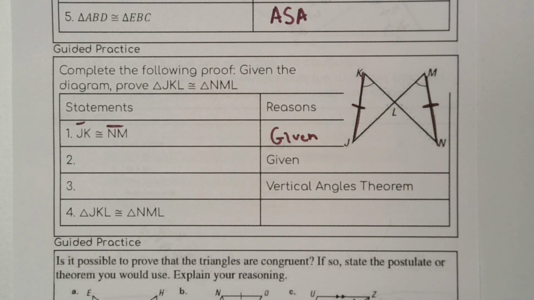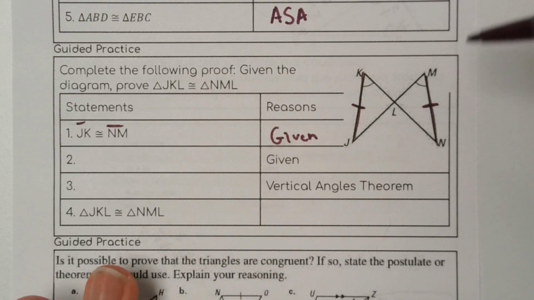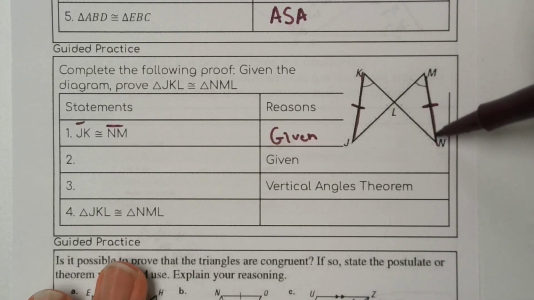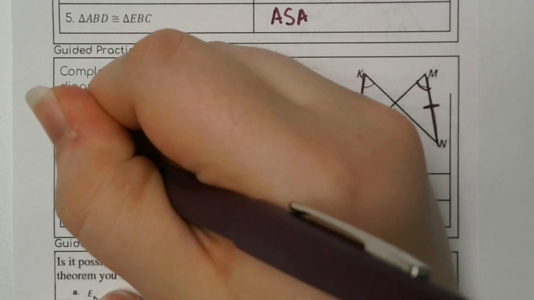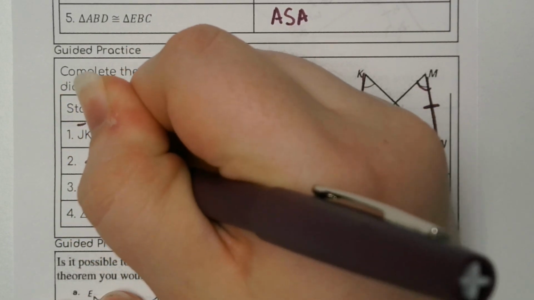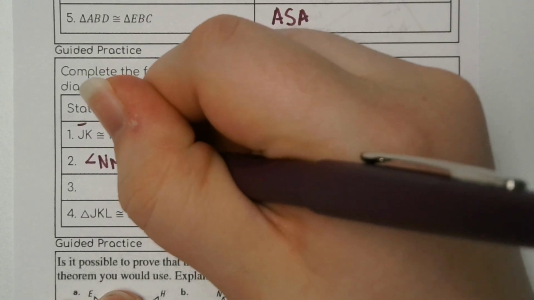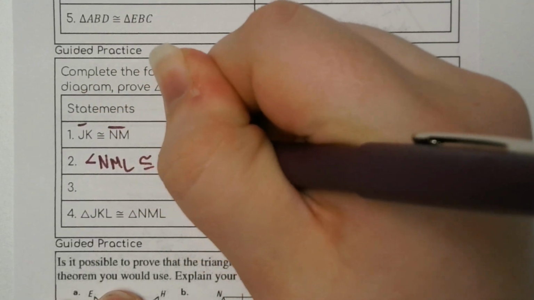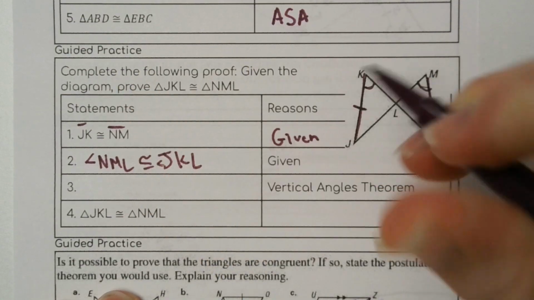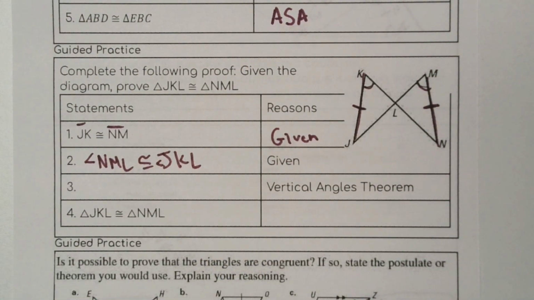Okay, what else are we given in this case? Angle NML is congruent to what? Perfect. So, angle NML is congruent to angle JKL.